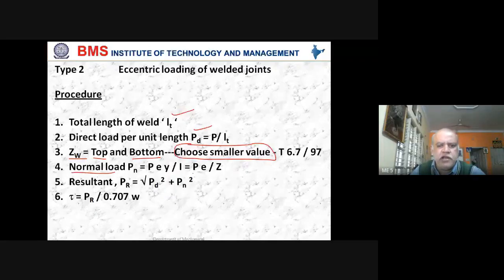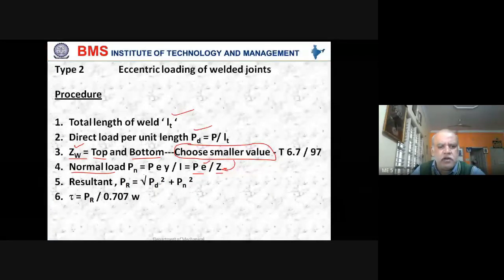Next, find out normal load Pn, given by P into E by Z, where Z is nothing but ZW. Whichever is the smaller value, you substitute over here. E stands for eccentricity. Then the resultant load PR is equal to the square root of PD squared plus Pn squared, that is the normal load.